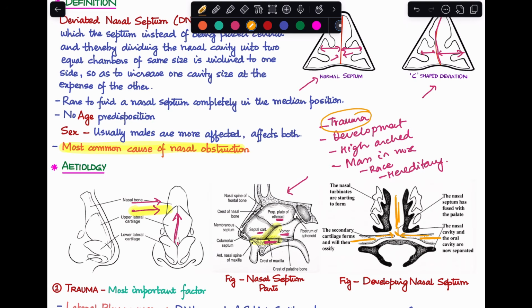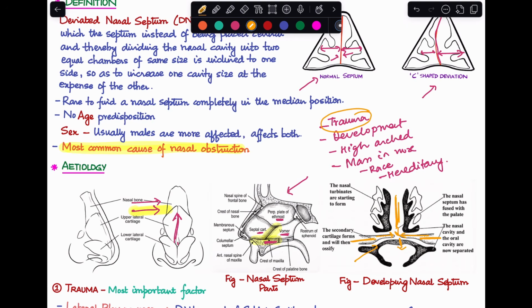Now, during the time of primary as well as secondary dentition, a lot of development keeps happening in the palate region. This palate eventually descends a little bit and widens so as to accommodate the teeth.